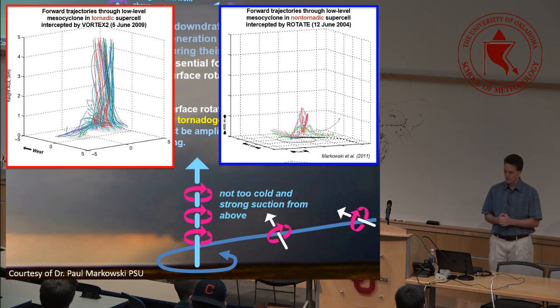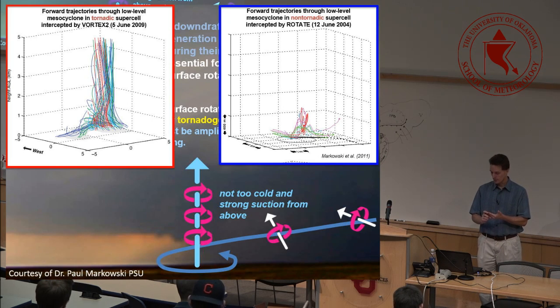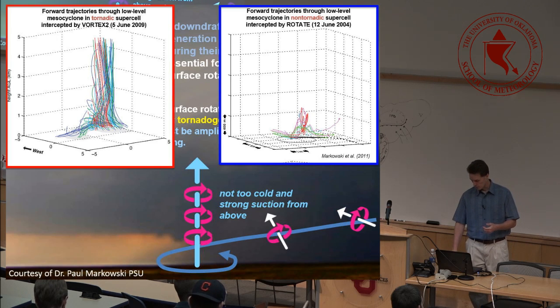So what we're really looking for is air with a lot of spin, originating from a downdraft that can feed a deep, strong, rotating updraft. It's a weird set of circumstances, but supercells, in particular with strong shear and moist environments, tend to reproduce this more frequently than anything else we can find.